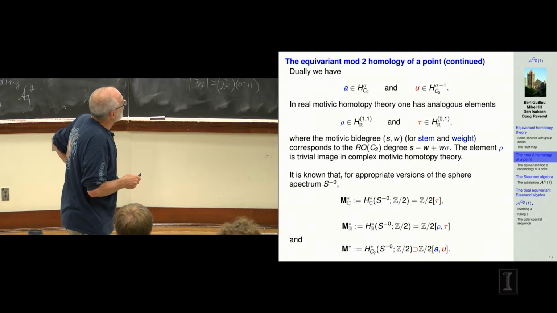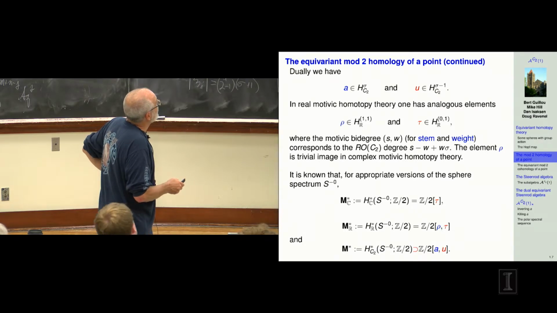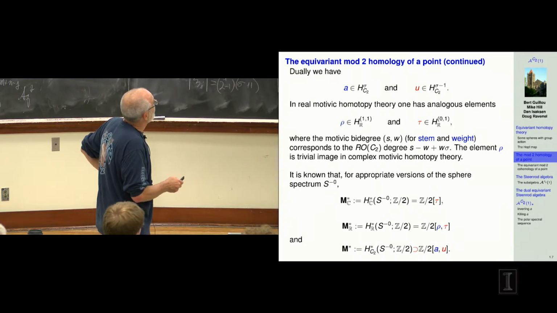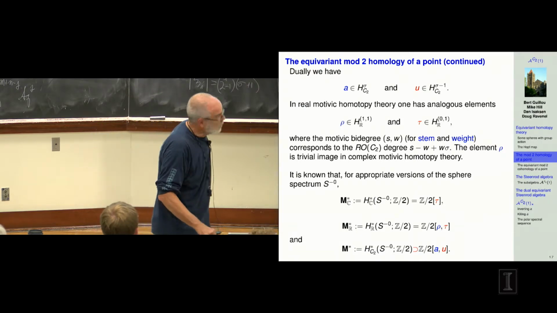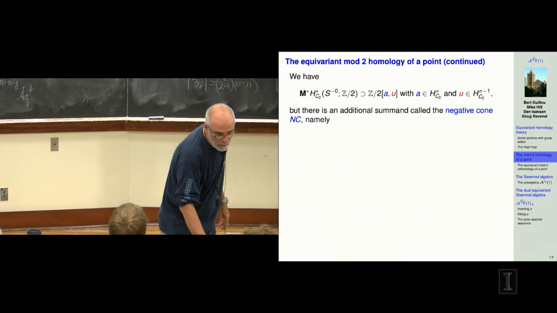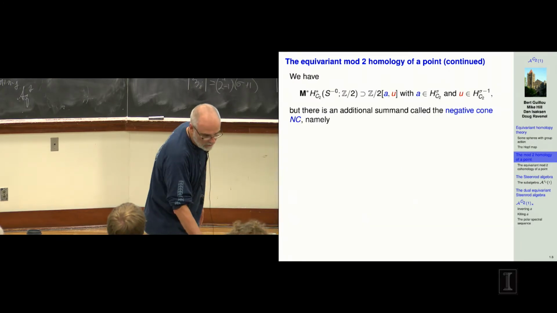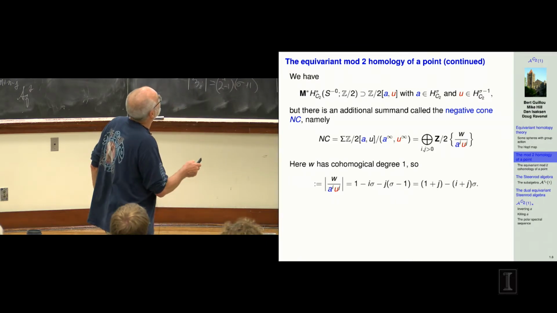So the equivariant mod 2 cohomology of the sphere spectrum contains the polynomial algebra on A and U. So it contains something isomorphic to the real motivic case, but there's more. And there's another piece known as the negative cone. And it consists of fractions that look like this.